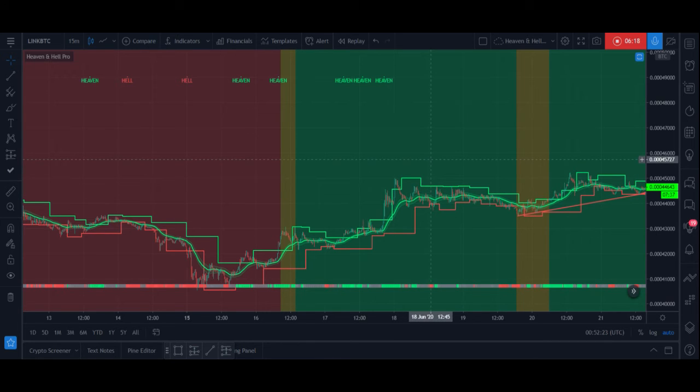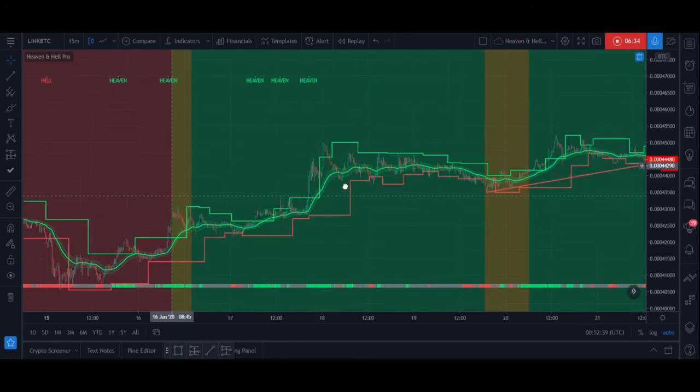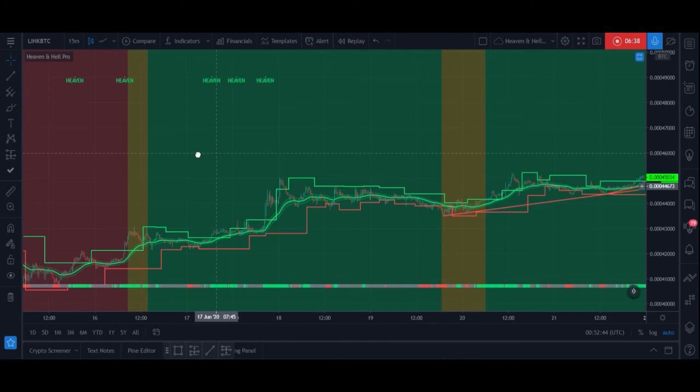This is when the algorithm for the moving EMAs are neither here nor there, haven't fully crossed in any specific direction. So these are areas where, as you can see here, the market is reversing, which it obviously is. Obviously, these are lagging indicators, moving averages, that's going to happen.